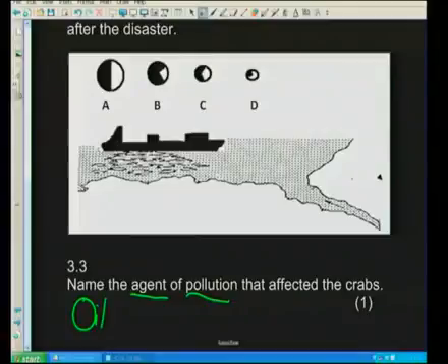And we can see in the diagram, all that oil, you read in the information, it was an oil tanker. So what affected the crabs was oil. So that is the agent. See how easy this question is? Because you analyzed it before you even looked at the question. All right, so the answer was oil, and that is another mark. So far you've got 3 out of 3. Well done.